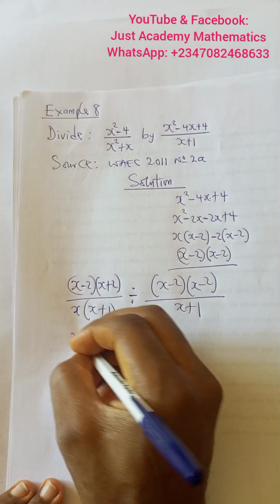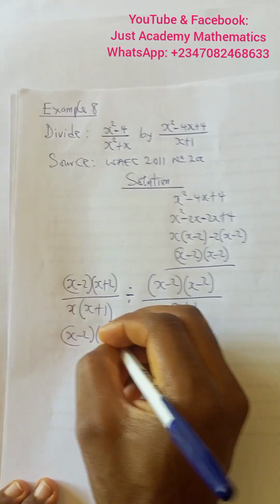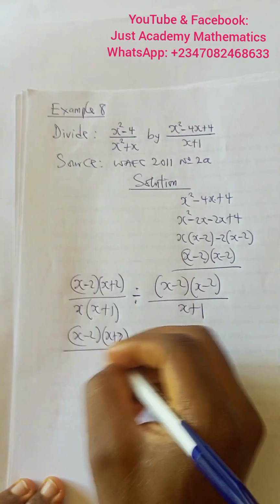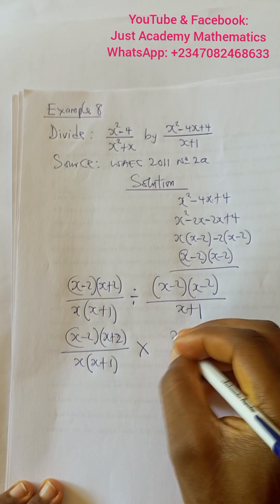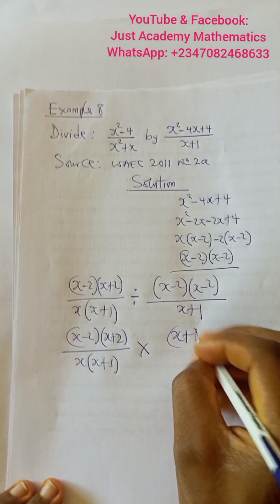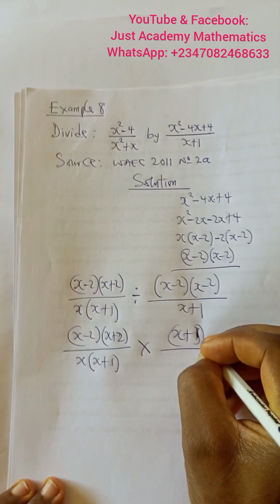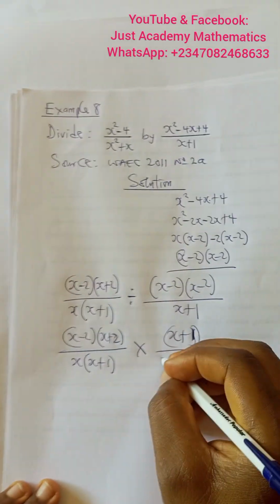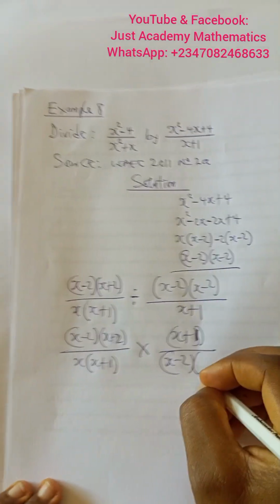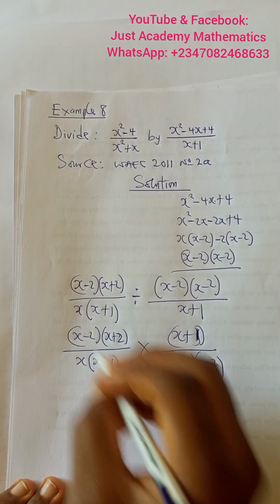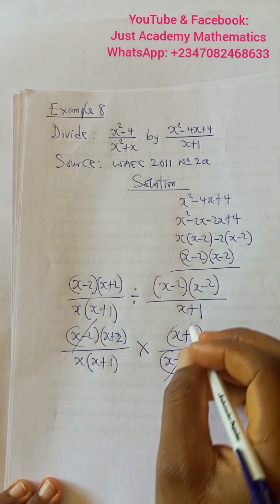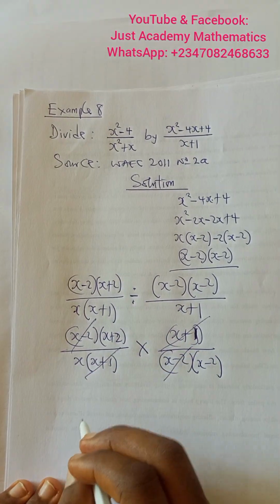So we say that x minus 2 times x plus 2 over x bracket x plus 1 times x plus 1 over what? x minus 2 times x minus 2. Of course, we'll cancel out. x minus 2 cancels x minus 2. x plus 1 cancels x plus 1.